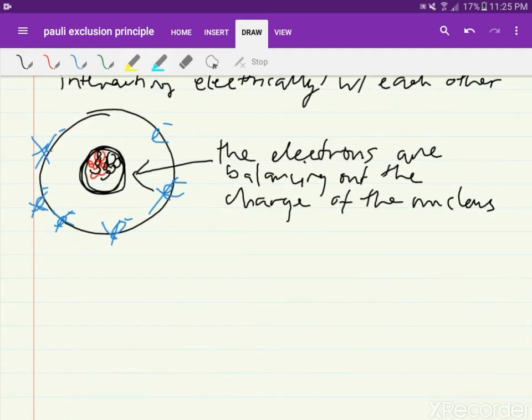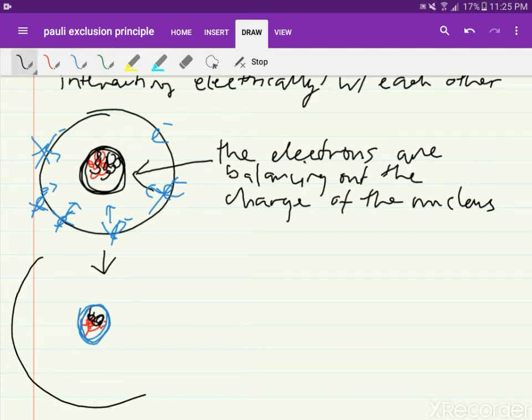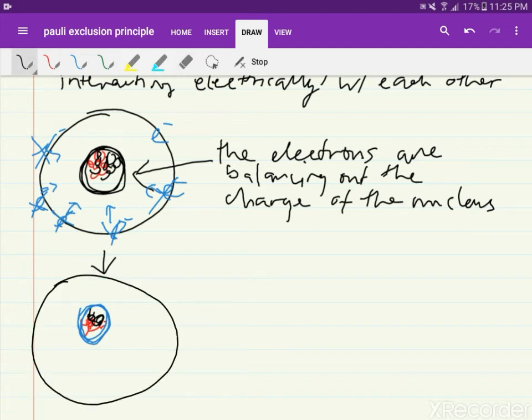You can think of it as these electrons being squished into the nucleus, and this will turn out to be the same nucleus with a single electron left outside the nucleus.